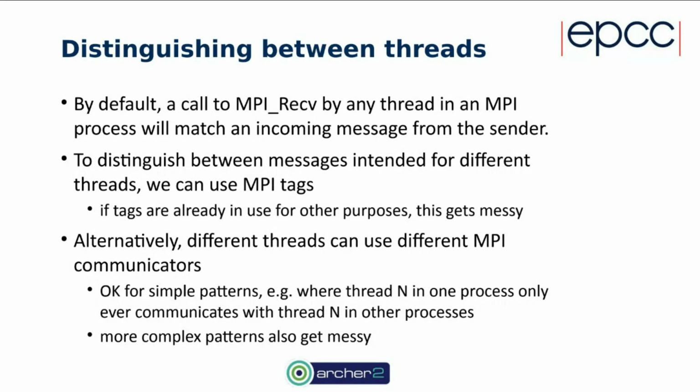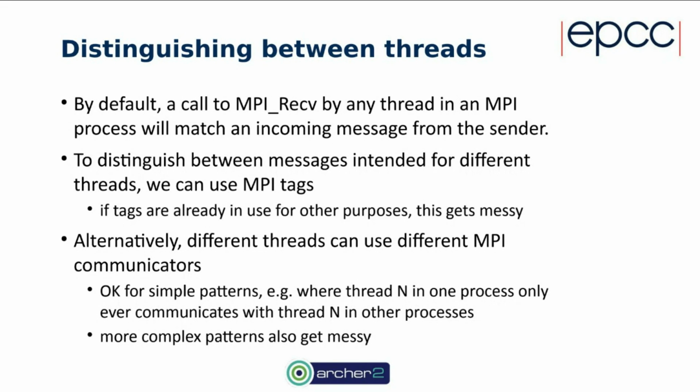So if you're already using tags for something else in MPI to distinguish between different types of message, for example, then you have to introduce some by-hand encoding mechanism to encode both the original tag and the thread ID inside this integer. So it's nothing complicated. It's just messy and error prone and not very nice.